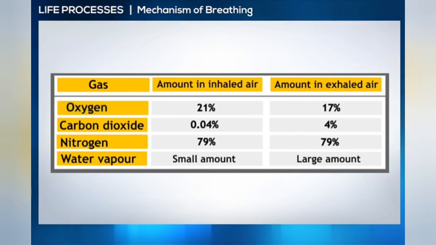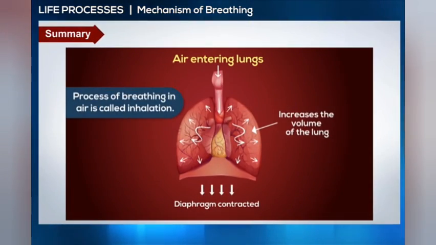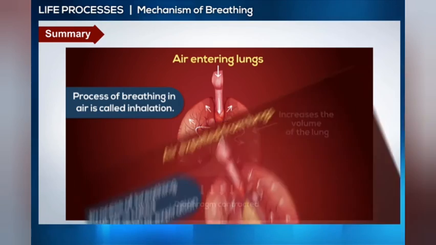The air that we breathe in has other constituents as well, but the proportion of oxygen is comparatively more. Hence, it is oxygen rich. Similarly, the air that we exhale too has some amount of oxygen, but it is now carbon dioxide rich. So now we know that there is a lot happening within the body when we simply breathe.